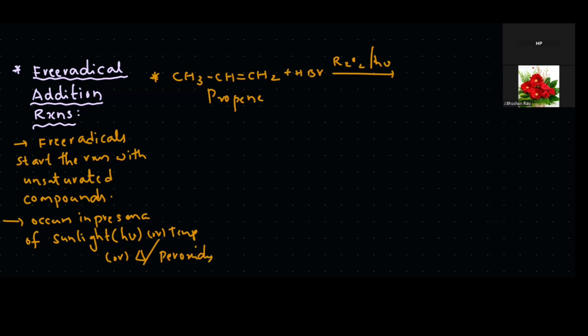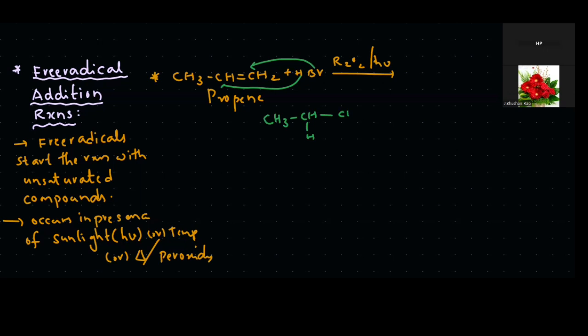So now, the product formation. What kind of product develops? Just addition of HBr, but here Br is attached at this carbon atom and the hydrogen is added at this carbon atom. The final product is CH3 CH2 CH2 Br.